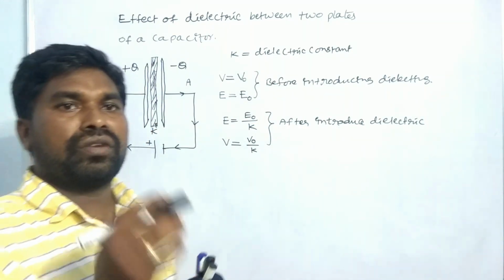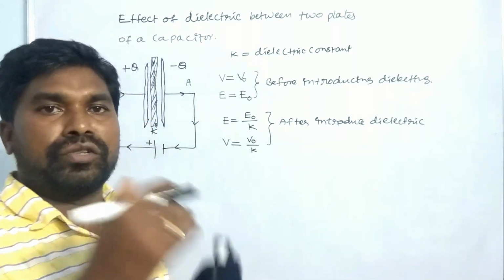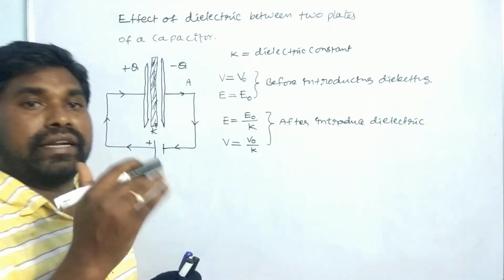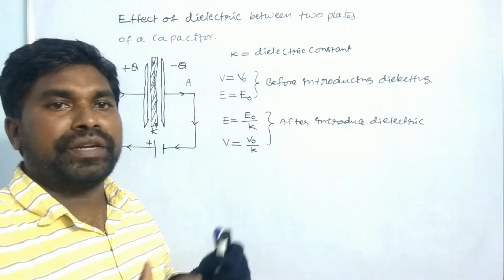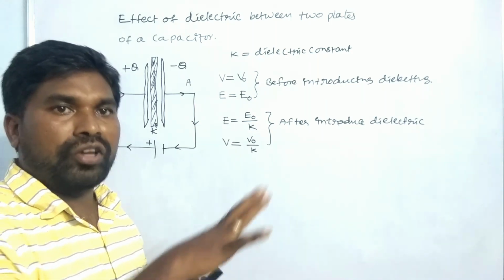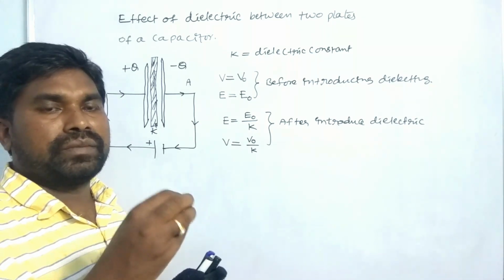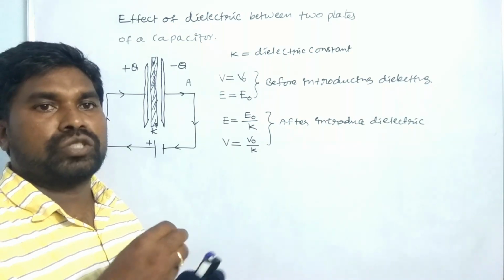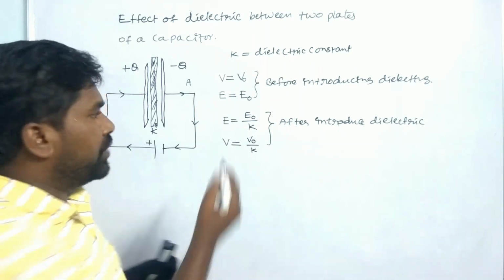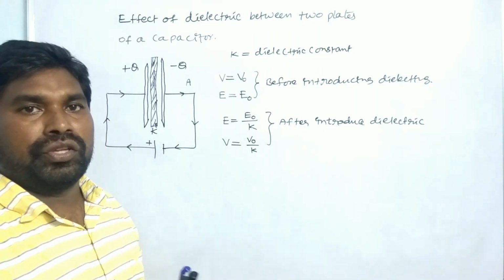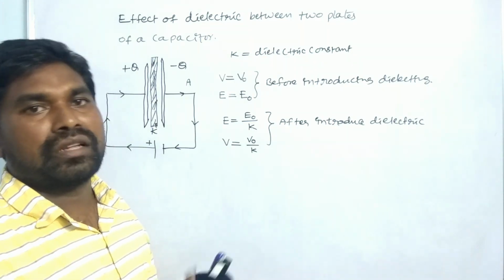By the constant of the dielectric introduced between the two plates of a capacitor, that much the intensity of electric field should decrease. The empty space between the two plates of a capacitor decreases. That is, the field decreases. If the field decreases, the potential also decreases.